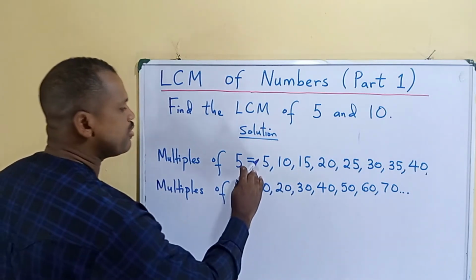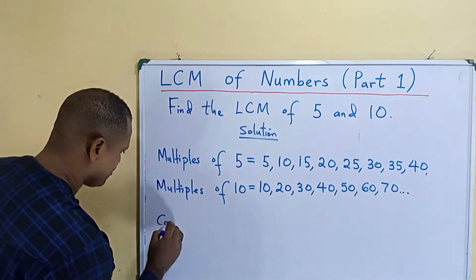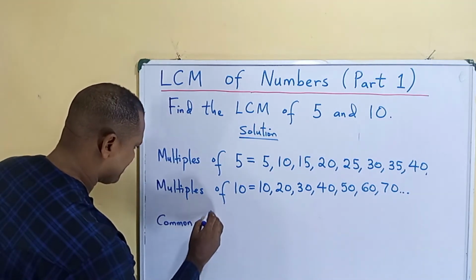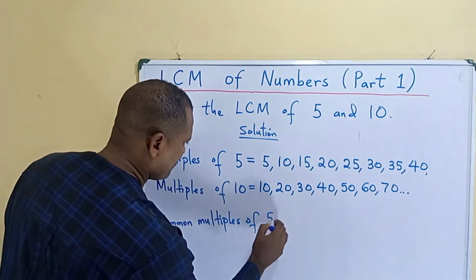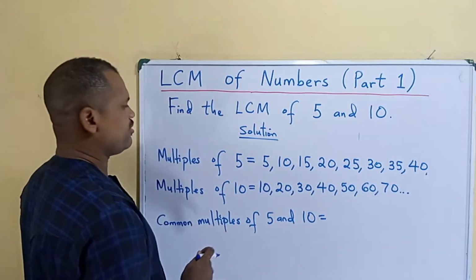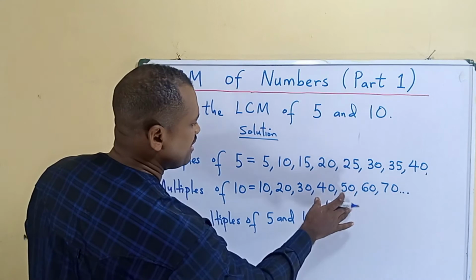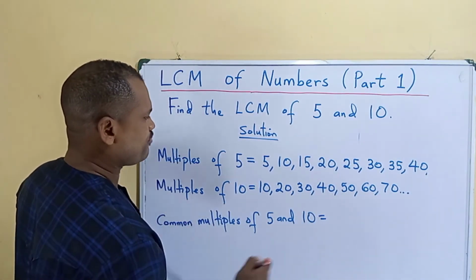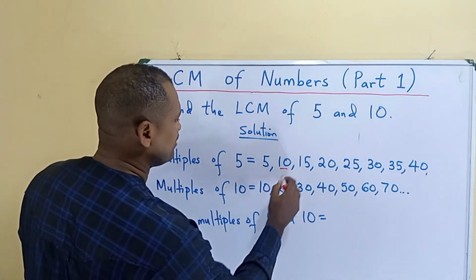Yeah. So the next thing, after listing out the multiples of each number, is to bring out the common multiples of 5 and 10. Common multiples are the numbers that are both here and here. So we have 5 here, we don't have 5 here. We have 10 here, we have 10 here.